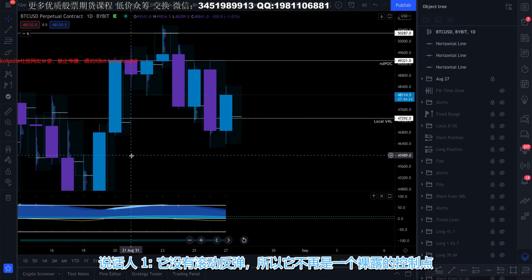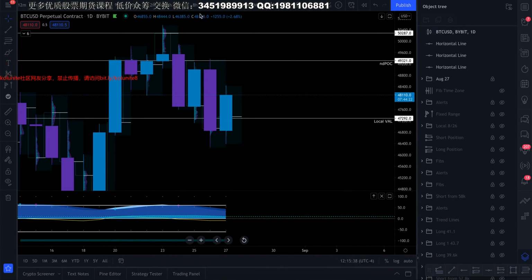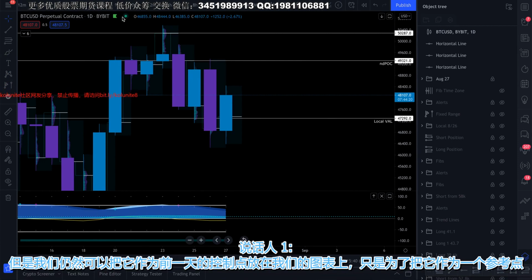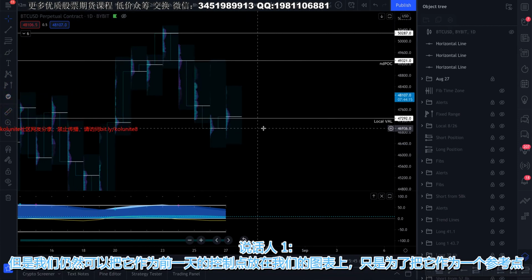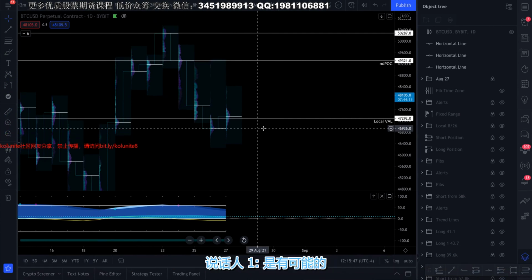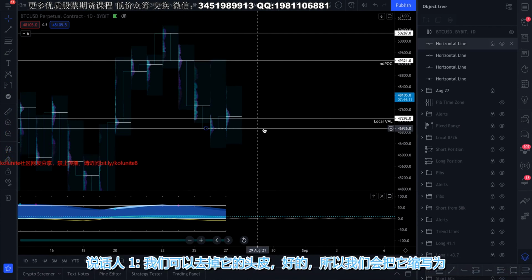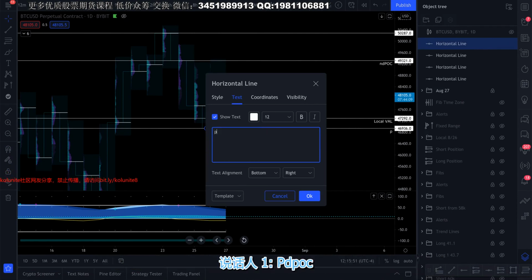So it's no longer a naked point of control, but we can still put that on our chart as the previous day point of control, just as a reference point, because there is a lot of volume there. It's possible we can get a scalp off of it. We would abbreviate that as PDPOC, right?